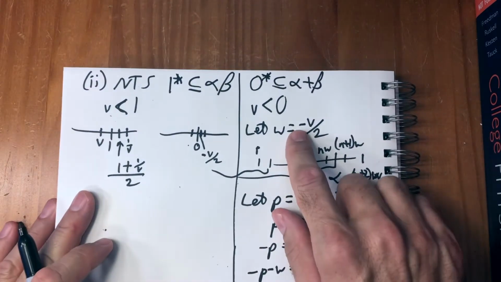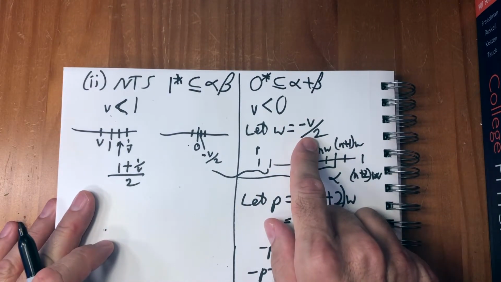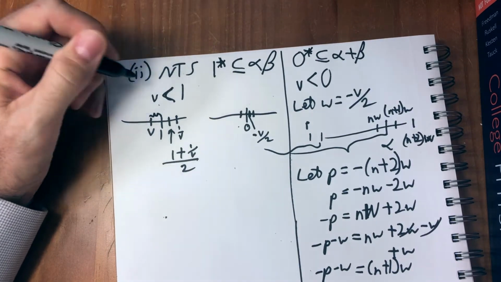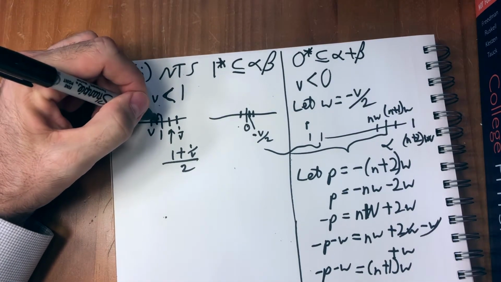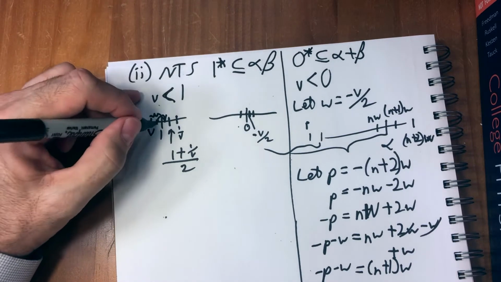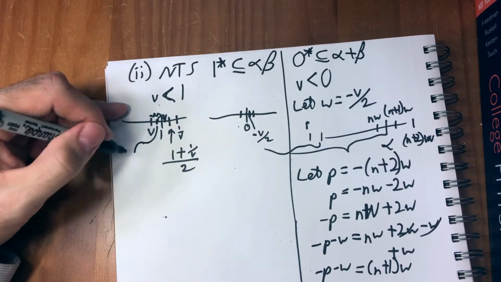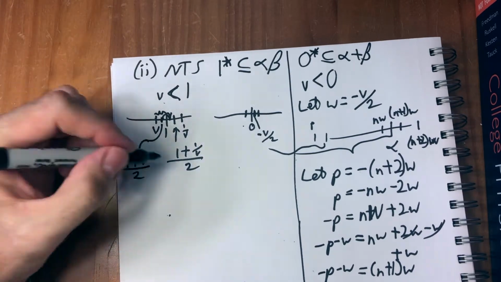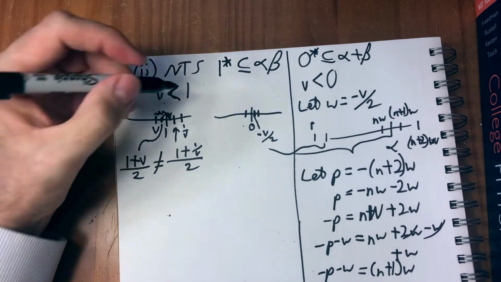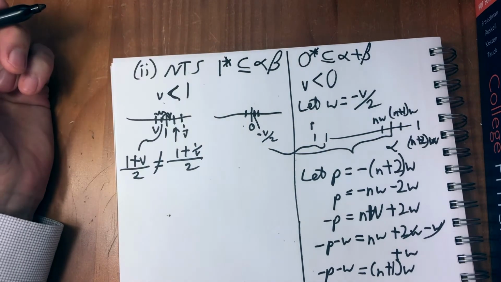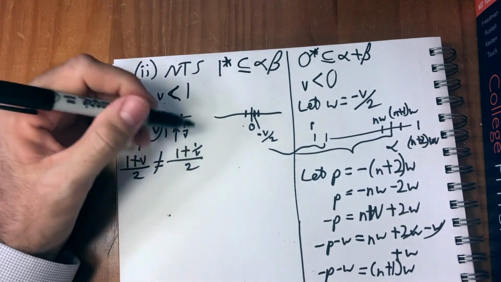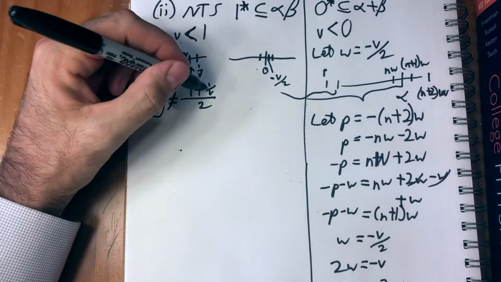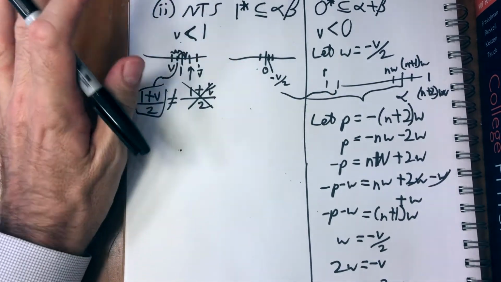Or maybe it means you divide v by 2 and then take the inverse, in which case we're taking the average there and taking the inverse of that. That would be 1 plus v divided by 2. These two are not equal. One's a little closer to 1 than the other. I'm going to look at this one, and we're going to forget about the other one because it's even more complicated.